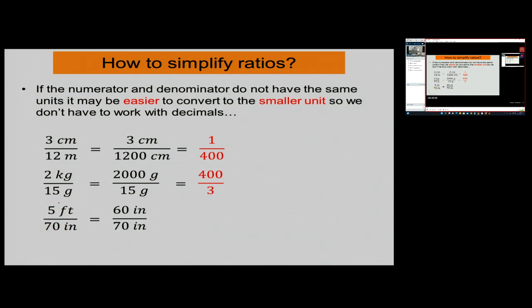So 5 times 12 is equal to 60 inches. And so if you have 60 inches to 70 inches, what will be the answer if you simplify? 6 over 7. Easy, right?